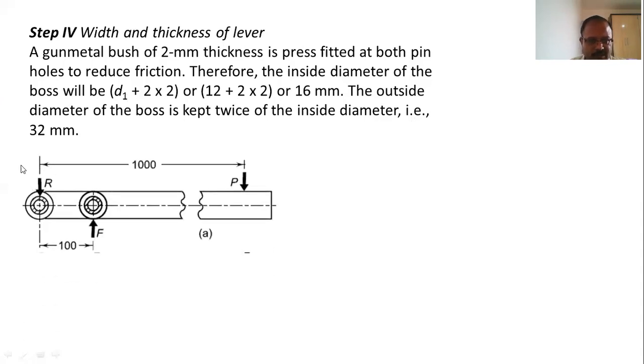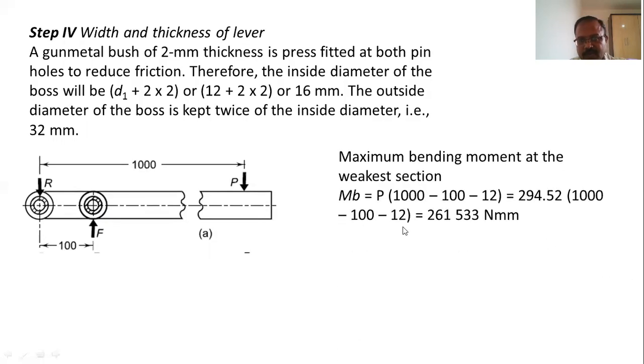Here you can see all the parameters. This is 100 mm, this is 1000 mm. The weakest section will be over here. So the bending moment will be P into (1000 minus 100 minus the radius of the boss, which is 32 divided by 2, 16). So 1000 minus 100 minus 16 multiplied by P will give us the bending moment, and we got the value.